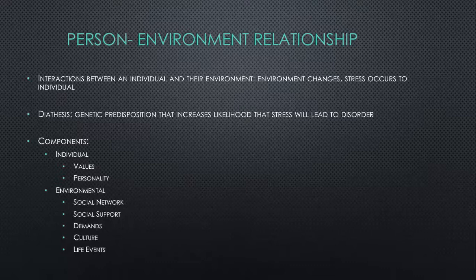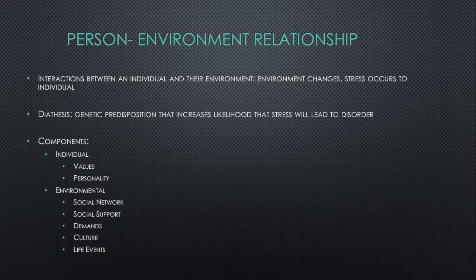So, a demand is a psychological and physiological need, which is internal, or environmental factors, which is external, that pull on an individual's resources. So, they often interact with one another, and it can relate to things like behavior and role expectations, or how crime, noise, pollution, and crowding can affect that individual.